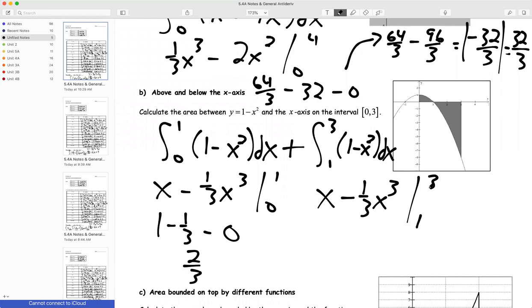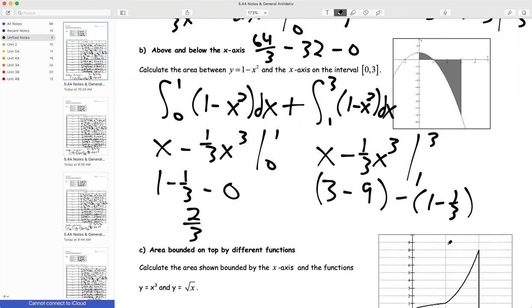So I'm going to plug in 3. And here, let's see, 27 divided by 3 is 9, minus 1 minus 1/3. So this will give me -6 minus 2/3. So I have -6 and 2/3, and I take the absolute value of that.